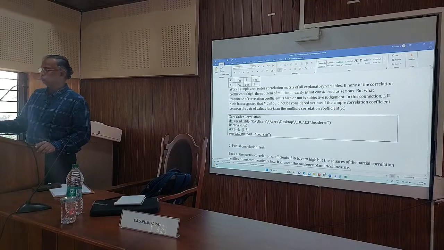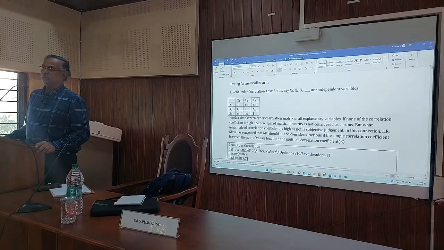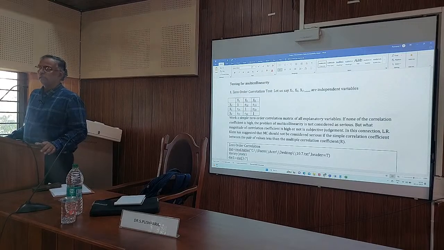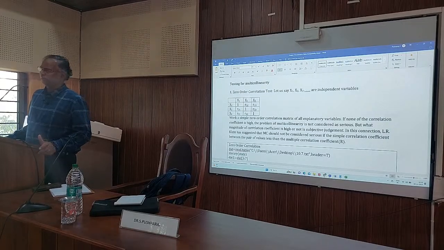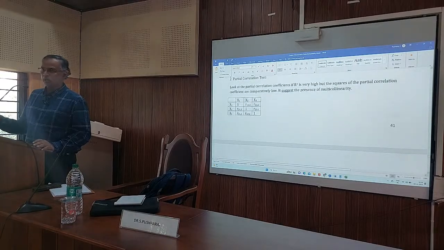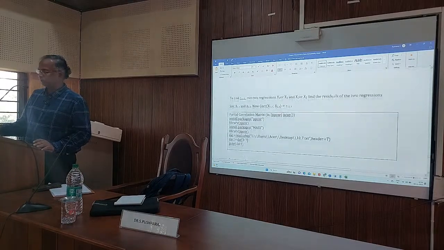So what is the usual test done to understand the multicollinearity problem? Usually we will do the zero order correlation matrix, the usual correlation matrix. Otherwise, a partial correlation matrix can also be run.